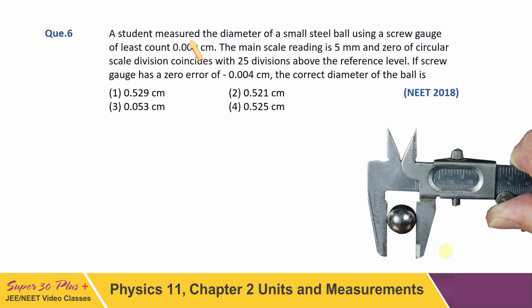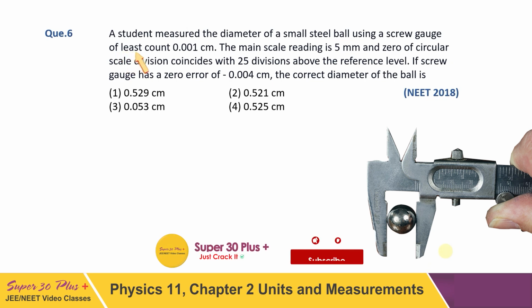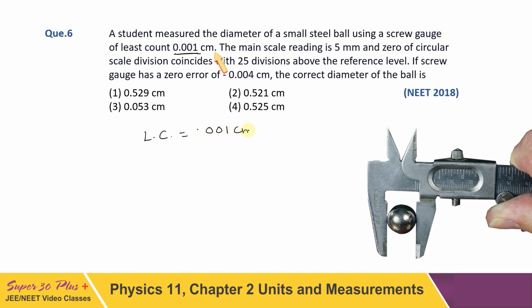A student measured the diameter of a steel ball using a screw gauge of least count 0.001 centimeter. Least count is provided, that is equal to 0.001 centimeter. The main scale reading is 5 mm. Directly I can write MSR, which is 5 mm.